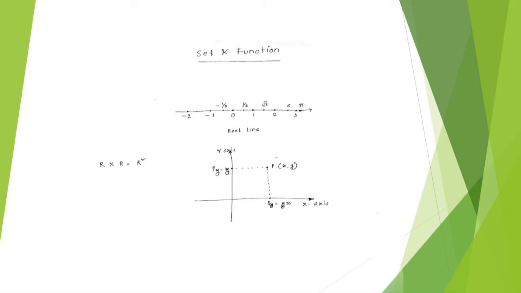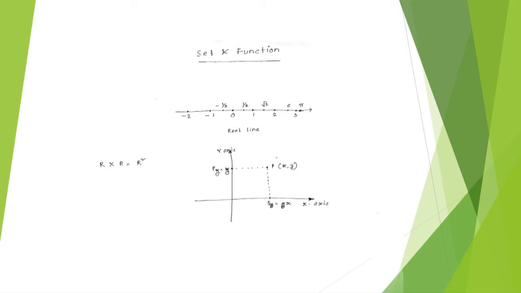So we have a plane. We took two real lines, one we called the x-axis and another the y-axis. We put them perpendicularly to each other, and they cross at 0. And first we pick any point P on the plane.